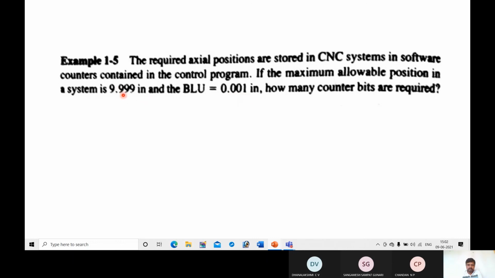Next you should know how many incremental positions. That will be given by 9.999 divided by 0.001. Now the next question is, in order to store this many incremental positions, how many counter bits are required? For that you are going to make use of the equation of 2 power n.